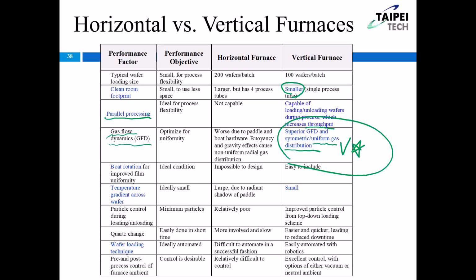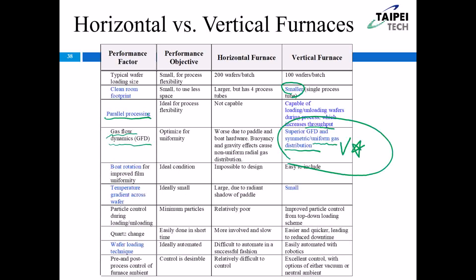Parallel processing. It means it's ideal for process flexibility. For the vertical furnace, we do have the wafer motor drive system, right? So we can load and unload the silicon wafer during the process, and we can choose which silicon wafer we want to load and unload.